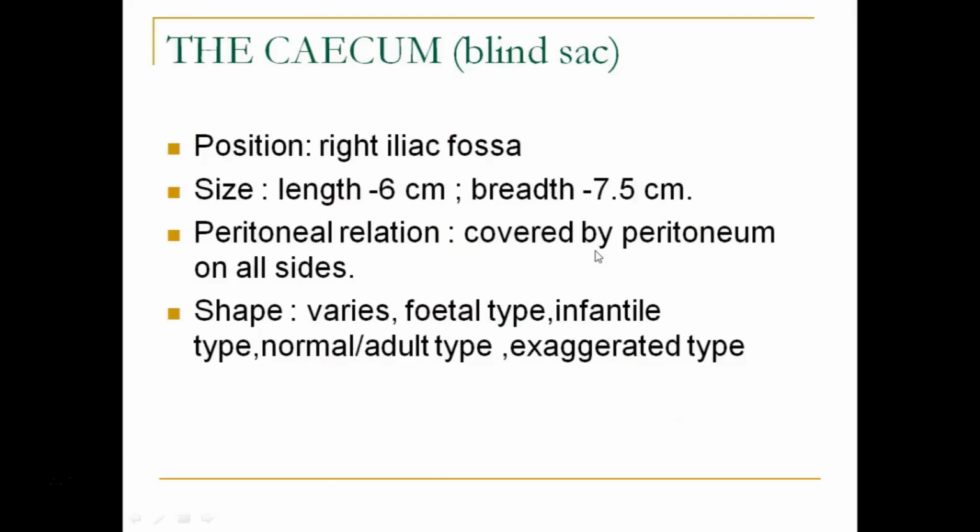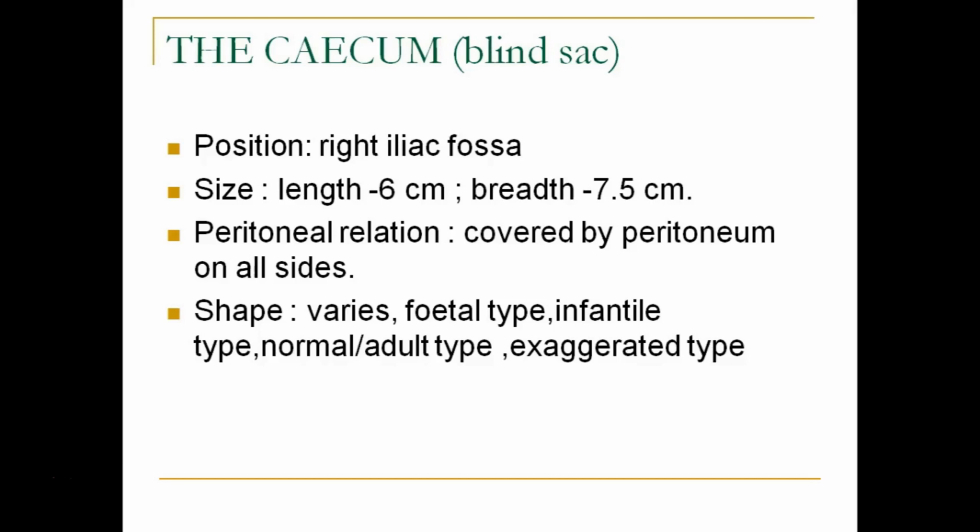Now talking about cecum, as we discussed, it is present in the right iliac fossa. If proper rotation of gut is happening, cecum will be present in the right iliac fossa. The size has a special significance: its length is smaller than its breadth. Cecum length is 6 cm, breadth is 7.5 cm, and it is always considered a blind sac.